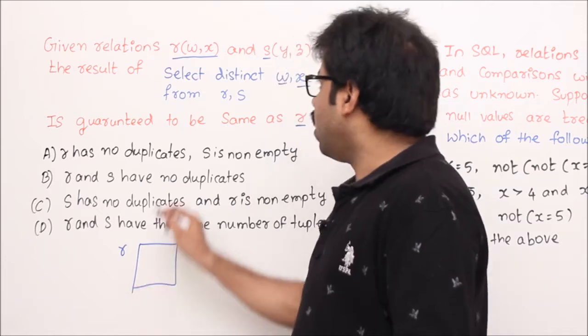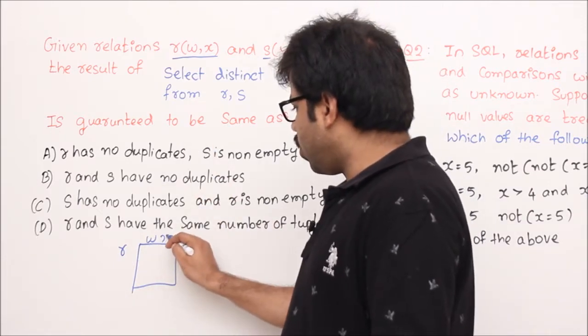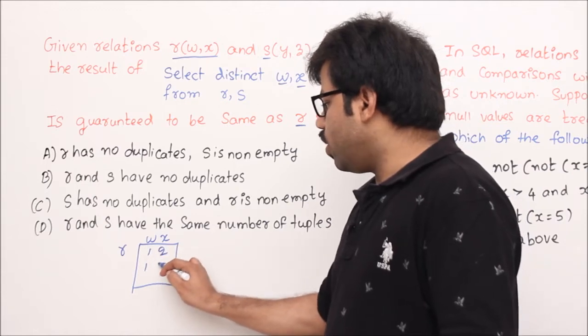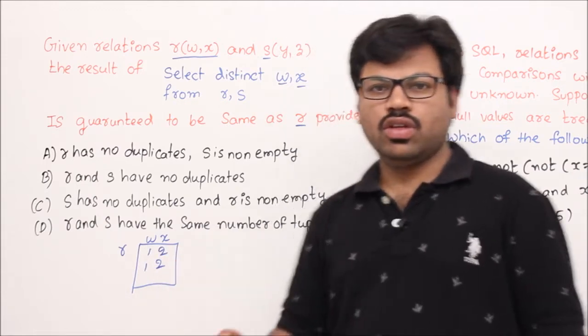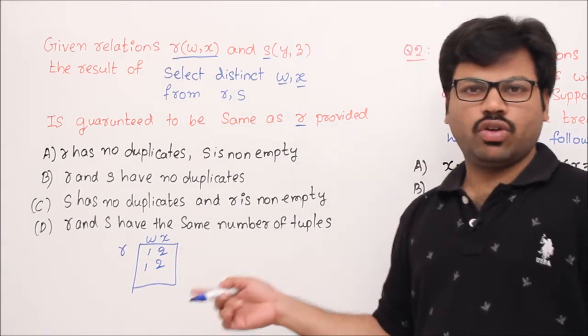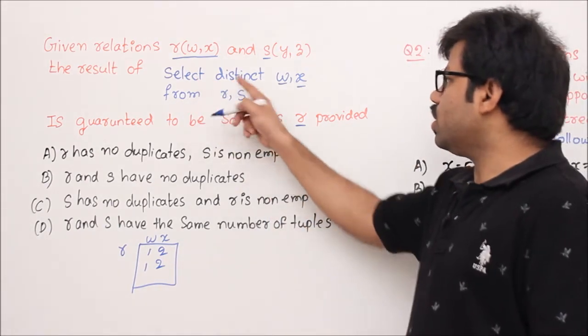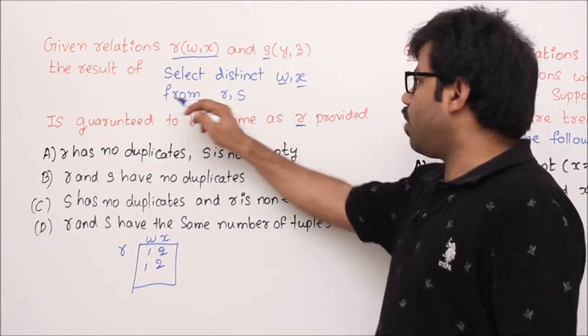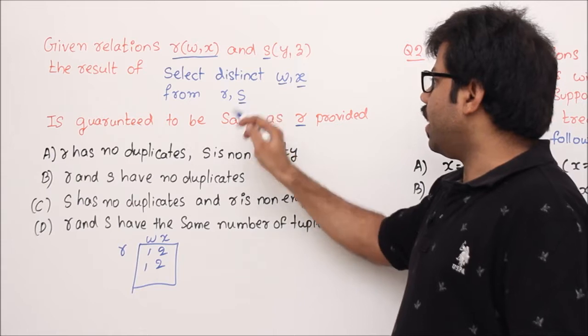Let's say your table R has this instance. I am talking about a particular instance where WX contains two values like this: 1, 2 and 1, 2. Then if you print R, what will be printed? 1, 2 and 1, 2 will be printed. But if you print through this query, we'll see what happens. Select distinct W, X from R, S. So we have to take S also, right?